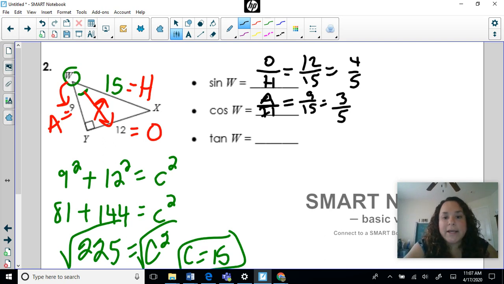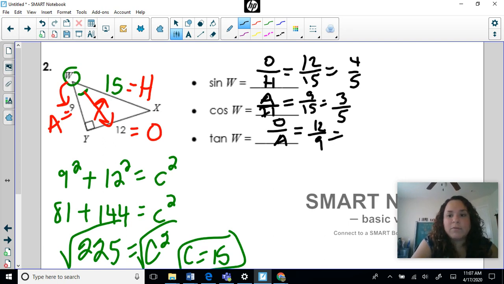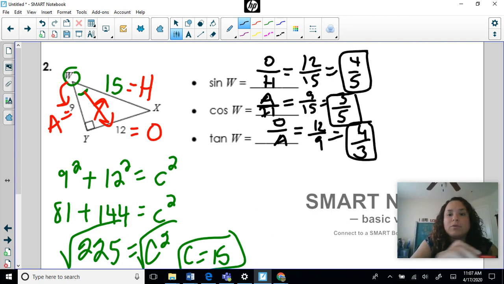So then we have tangent of W, tripping on acid. So tripping on acid refers to opposite over adjacent. And in this case, that means that we have 12 over 9. And when reduced here, we get 4/3. So these are our ratios for sine, cosine, and tangent of W.